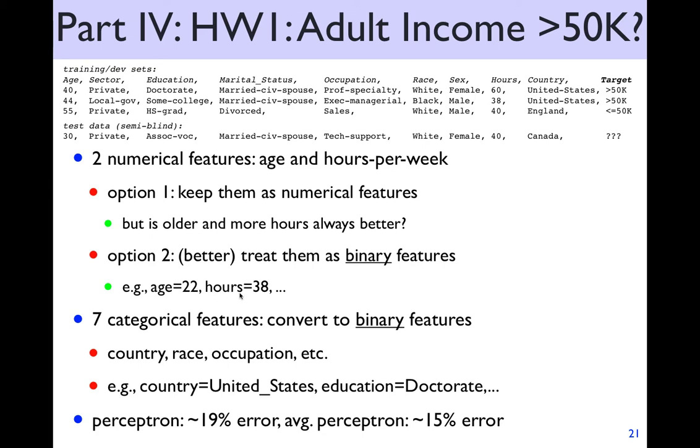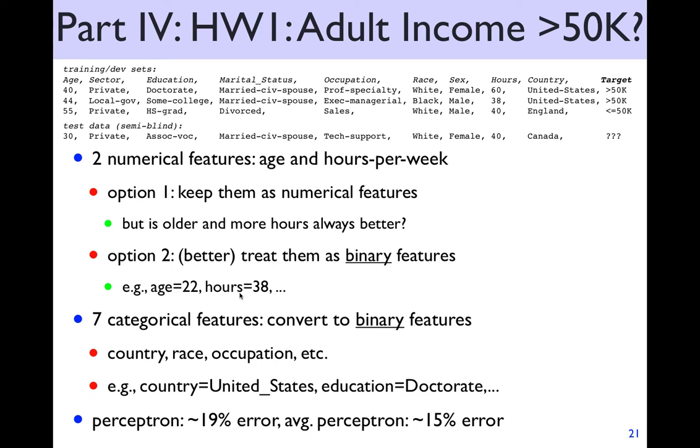And hours becomes many features as well, from hours equals 1 to hours equals 2 all the way to hours equals 100. Let's say that's the maximum number of hours you can work per week, right? So each person can only have one age feature on and one hours feature on. You cannot be both age 22 and age 45, for example, right?